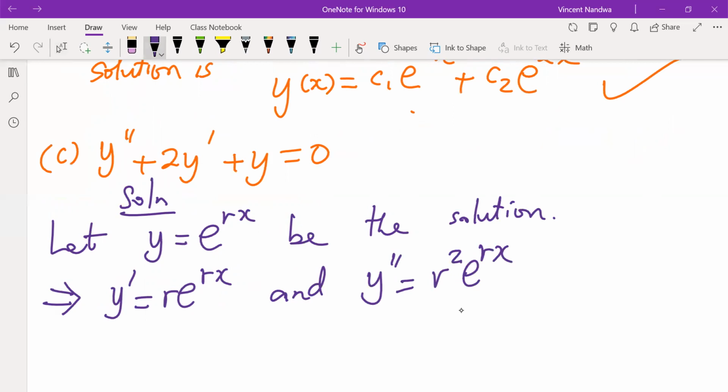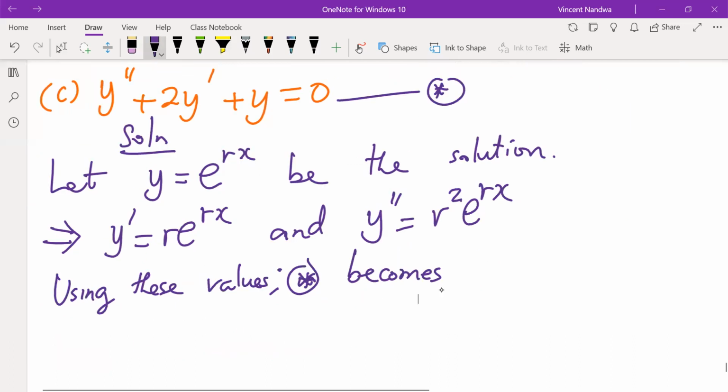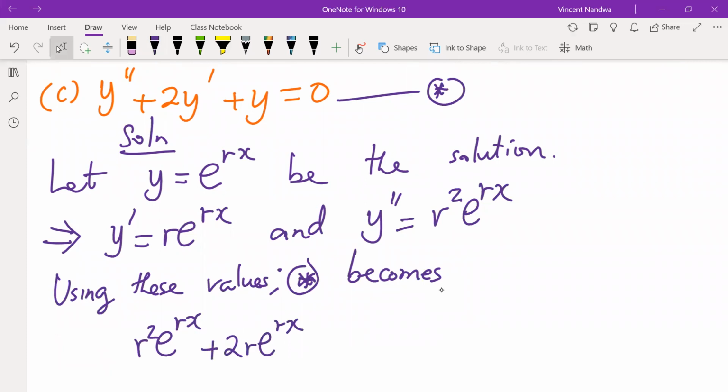Now, using these values, if I call this one star, star becomes, so as a second derivative, you put r squared e raised power rx plus 2 r e raised power rx plus y is e raised power rx equals 0.